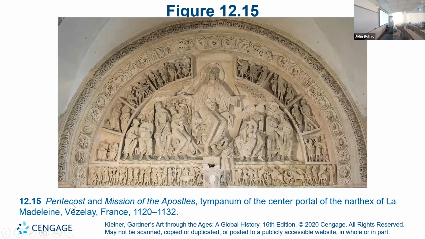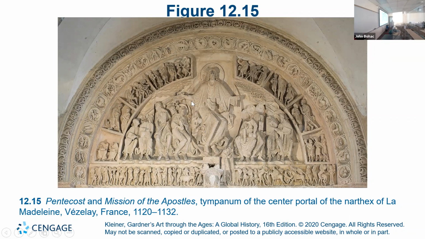Again, Pentecost and the mission of the apostles. And this is basically where the Holy Spirit descends on the apostles as they're gathered. They begin speaking in tongues. It's in the Bible. It's why we have Pentecostal religion based on this event in the life of Christ.